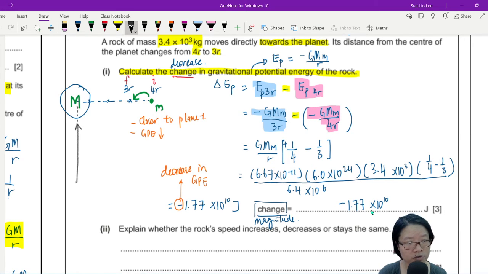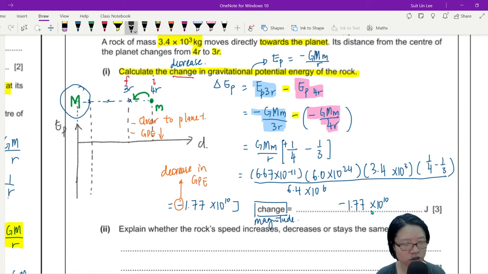Okay, so just for you, I'm going to draw the potential energy against distance graph. From 4R to 3R, your potential energy will have the same kind of graph as your potential graph, because one is gravitational potential, which is energy per unit mass, and the other one is energy. So you kind of expect something like this, right?